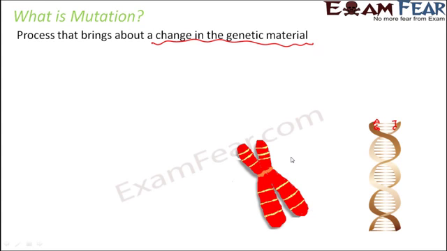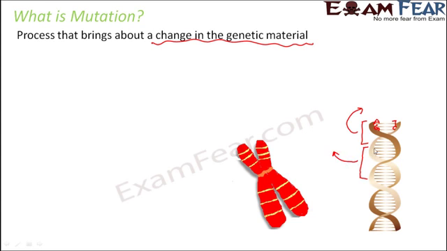Now, any such change will impact the protein synthesis, right? Let us suppose that this portion, whatever sequence of bases you have, gives instruction to synthesize a particular protein which performs a specific function in your body. Let us suppose that protein will decide the color of your eye. Similarly, suppose this portion of the DNA gives instructions for synthesis of a particular protein which is going to decide your hair color.